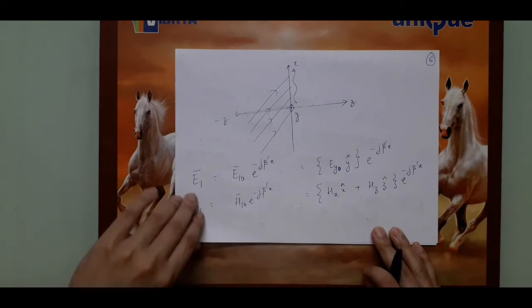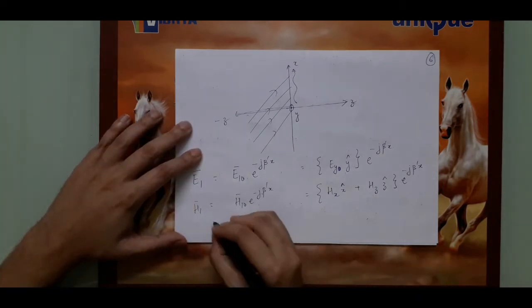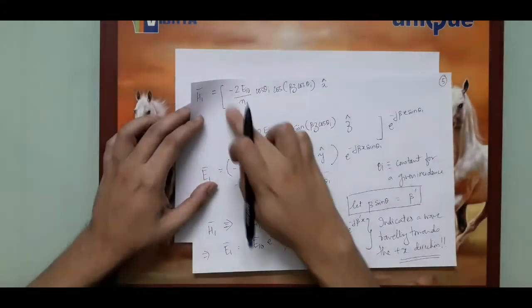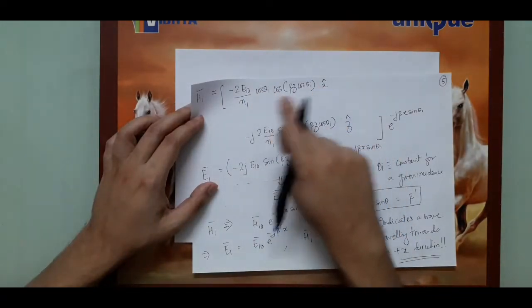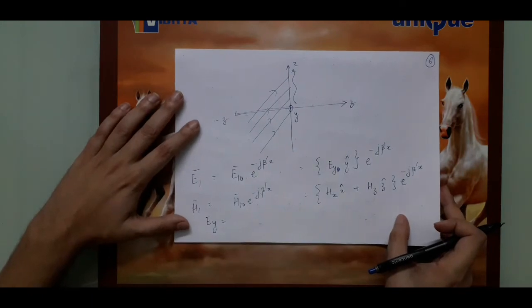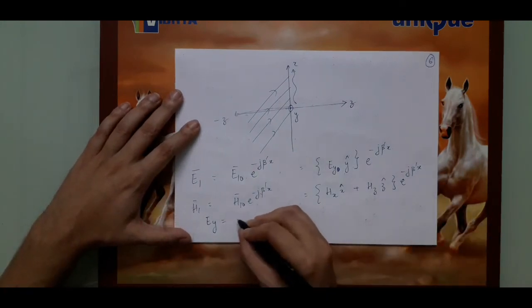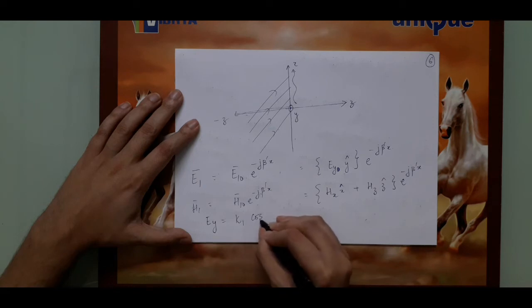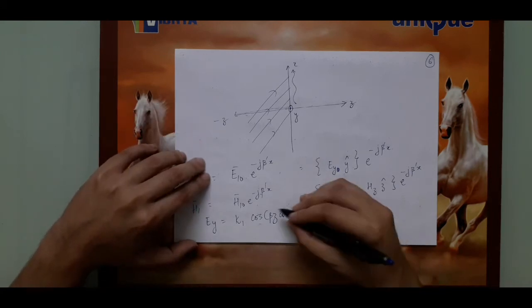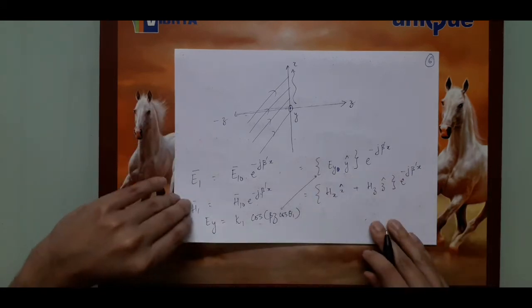So what we see by looking at this is that Ey, the electric field component magnitude, is some constant times sine of beta z cos theta I. So it is some constant k1 times sine of beta z cos theta I. This is Ey.